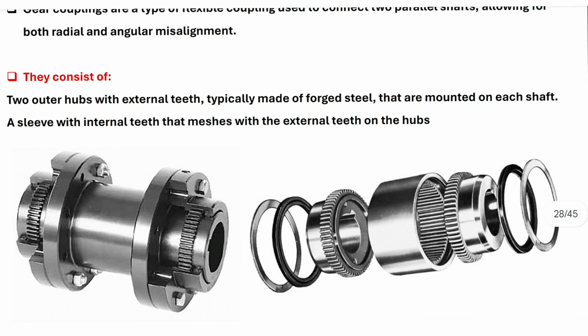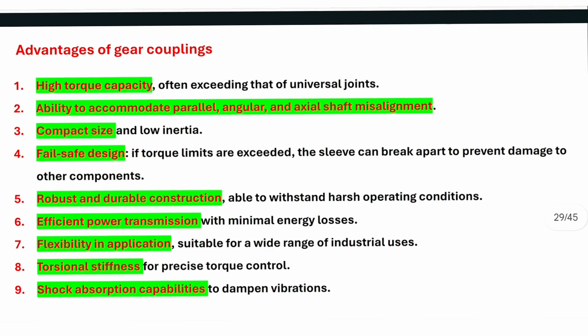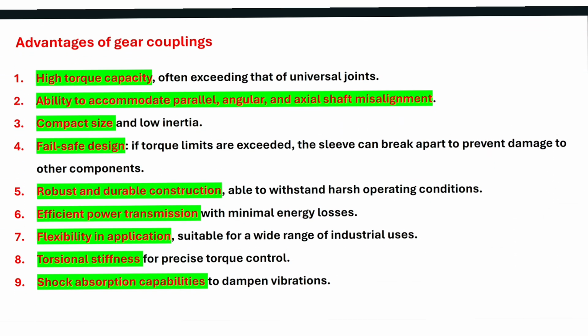They consist of two outer hubs with external teeth, typically made of forged steel, that are mounted on each shaft, and a sleeve with internal teeth that matches the external teeth on the hubs. Advantages of the gear coupling: a high torque capacity, and second, the ability to accommodate parallel, angular, and axial shaft misalignment.